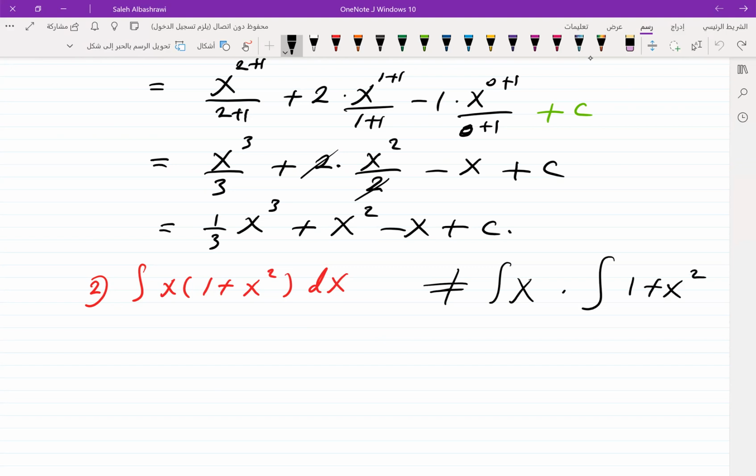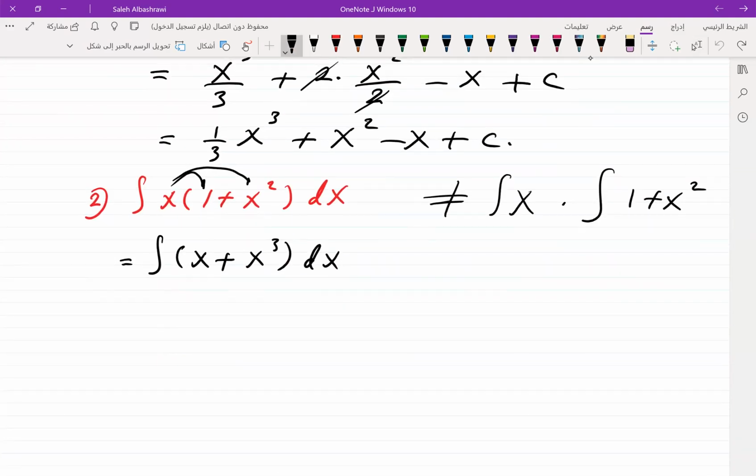We cannot distribute the integration if I have multiplication of two functions. I can distribute if I have plus or minus, but not product or division. So this is equal to integration of x multiplied by 1 is x, plus x multiplied by x squared is x to the power 3, dx.